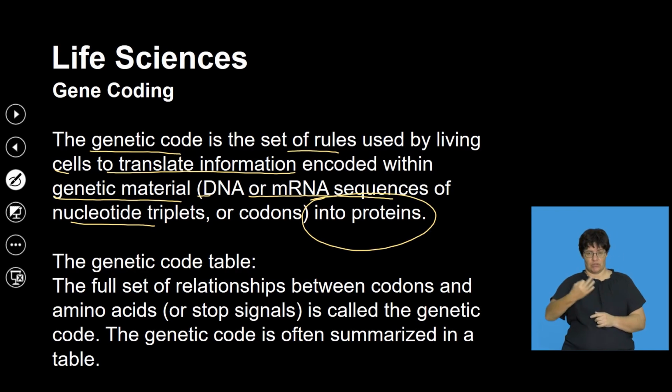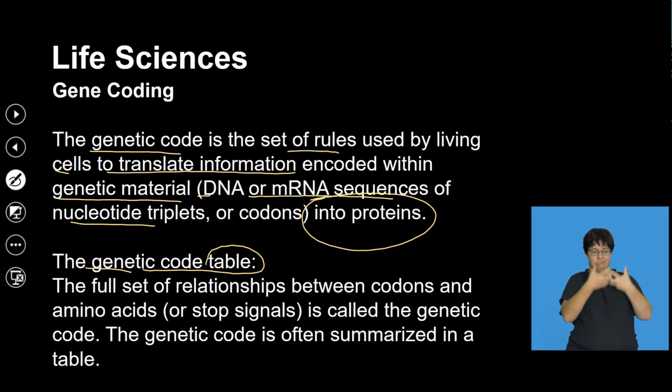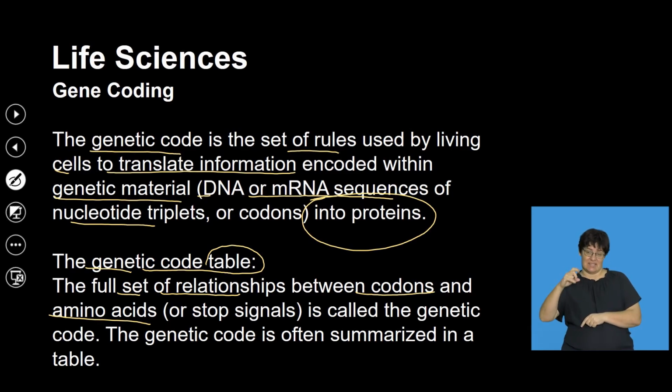and that is making proteins. What is important is that in genetic coding, we refer to a genetic coding table. This points to a full set of relationships between codons, which are found on the mRNA, and amino acids. And this is called the universal genetic code.